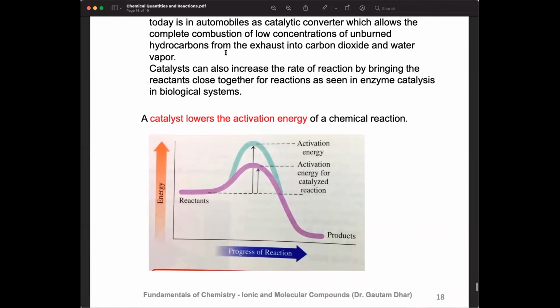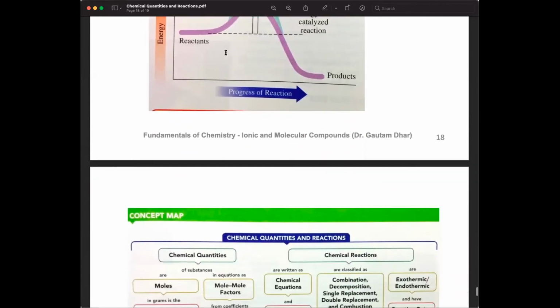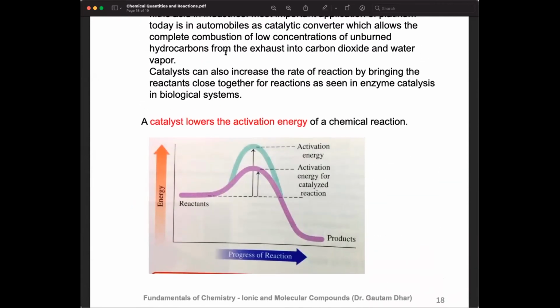Now, enzymes in our body, enzymes are biological catalysts. If you want to burn glucose in your kitchen, you have to raise the temperature to 200 degrees centigrade, right? And then you can get this caramel, or when you're burning sugar.